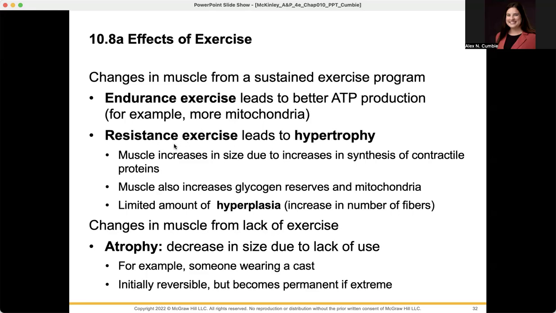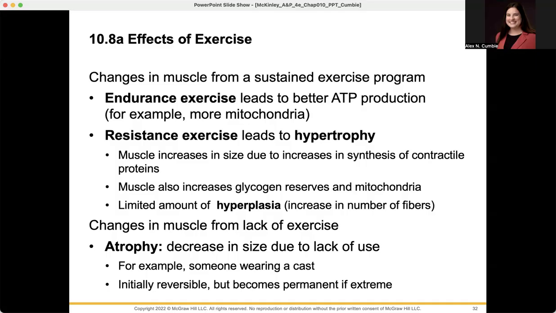Certain exercises like resistance exercise, where we're actually increasing the size of the muscle cells, can lead to a condition of the cell called hypertrophy. Hypertrophy is when your muscle cells get bigger, or any cell type for that matter. We're not making more cells, we're just making these cells larger.